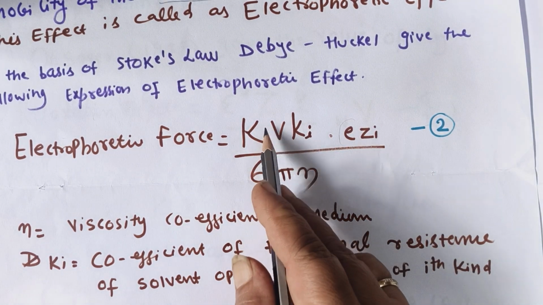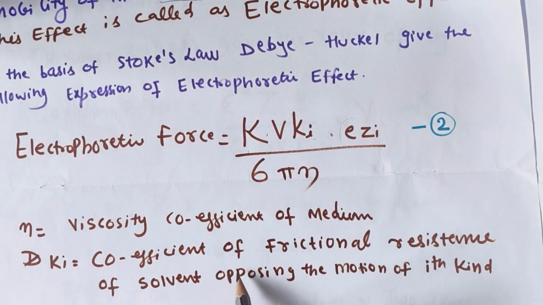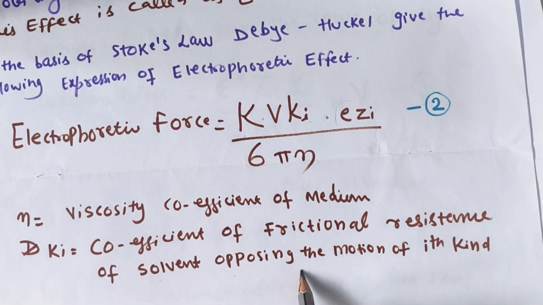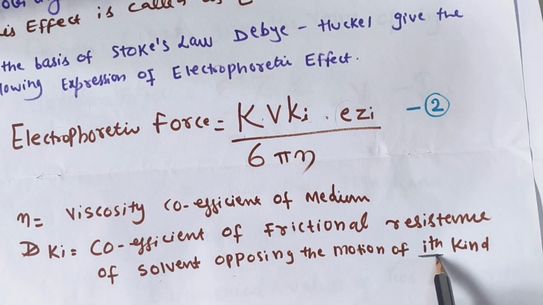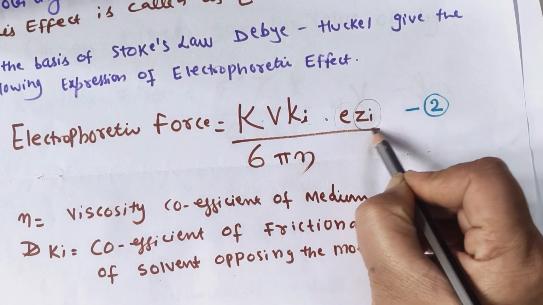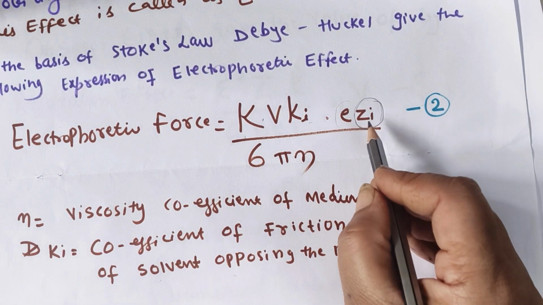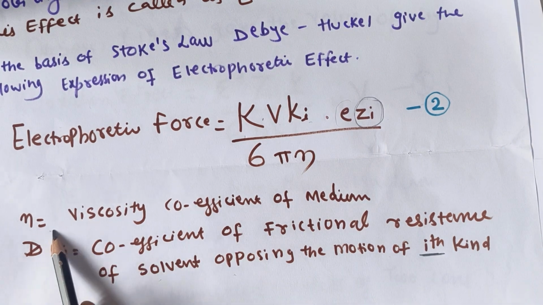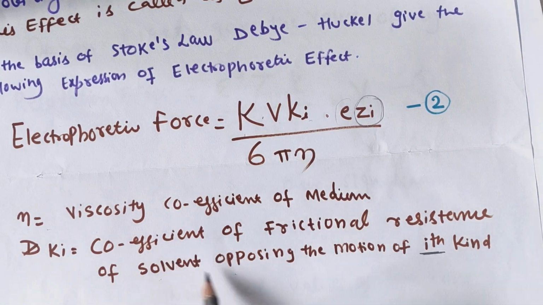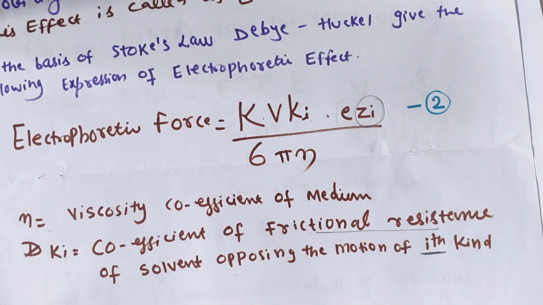Here K is the Boltzmann constant, and Ki is the coefficient of frictional resistance of the solvent opposing the motion of the ith kind. Suppose the ions Z plus and Z minus are moving. Eta is the coefficient of viscosity of the medium.